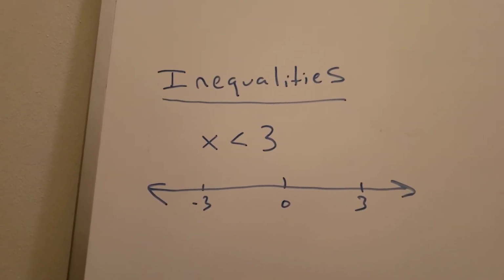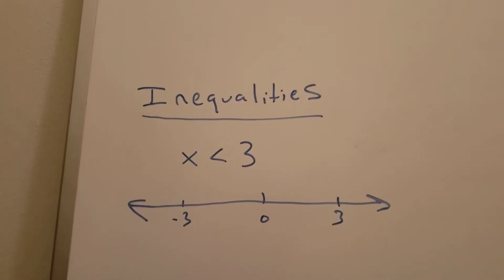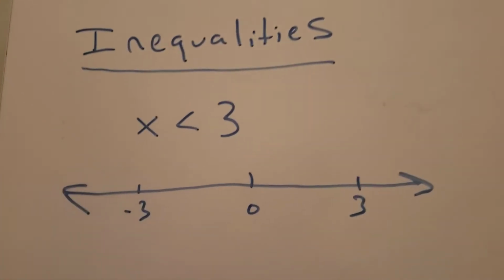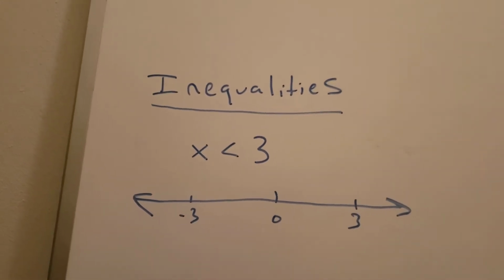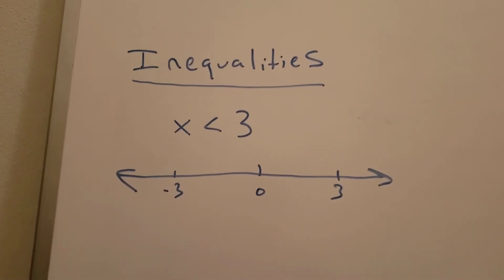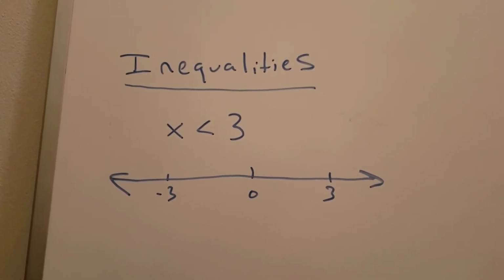So in our first inequalities episode here, we've got some basic inequalities just to remind you what they are and how they work. So here we've got x is less than 3, and we've got a number line below here, and what we're going to have to do is find the point on our number line where we're going to start.